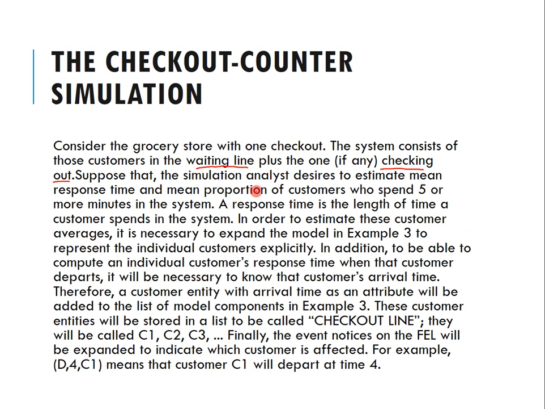Let's say the simulation analyst desires to estimate the mean response time and also the mean proportion of customers who spend 5 or more minutes in the system. Meaning there are two things that we want to know: the average response time and the average proportion of customers who spend more than 5 minutes.